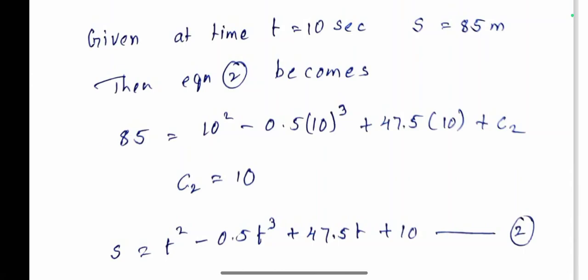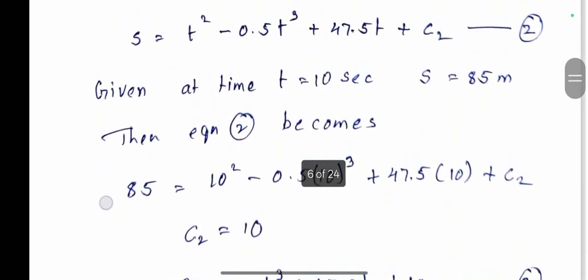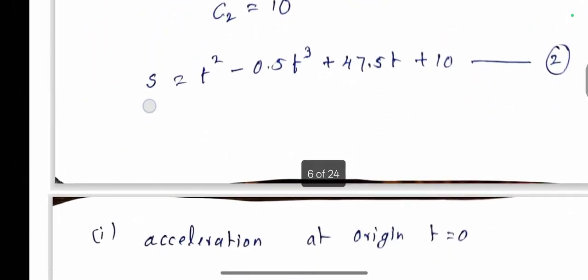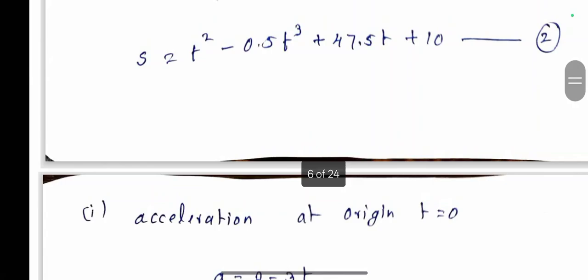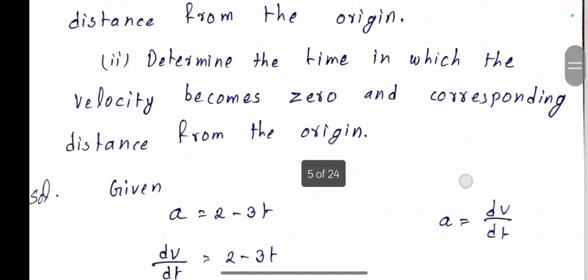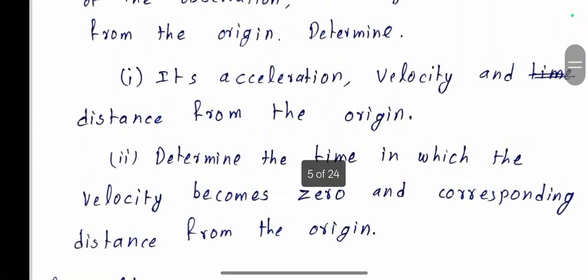Here c2 will come to 10. By substituting the same value, s is equal to t square minus 0.5 t cube plus 47.5 t plus 10.